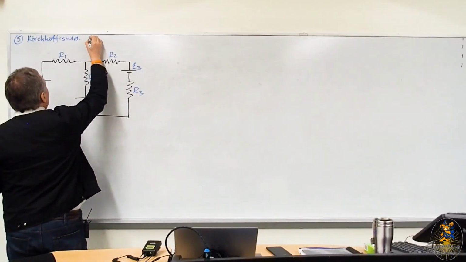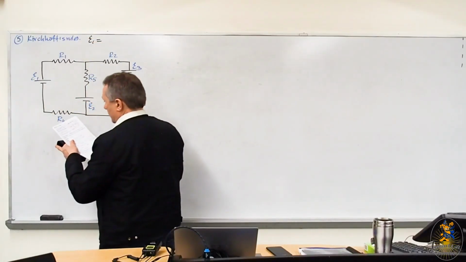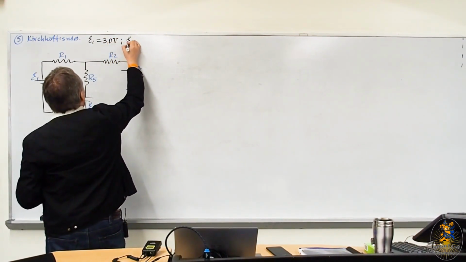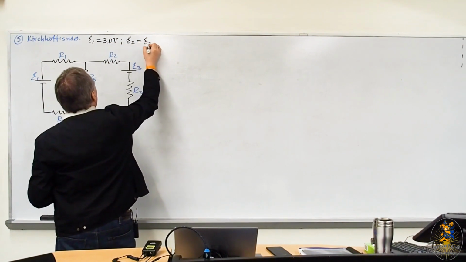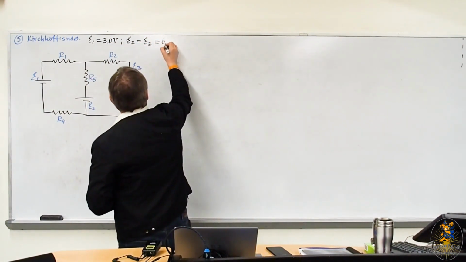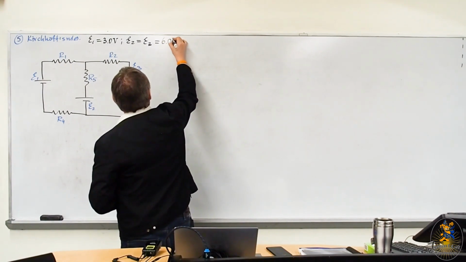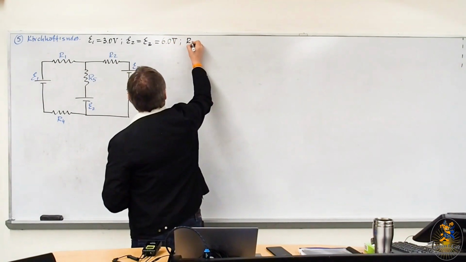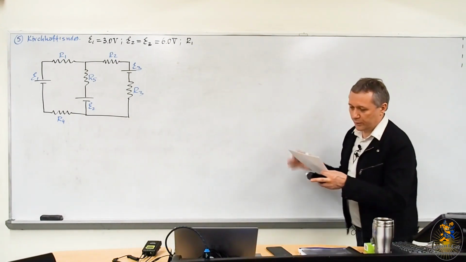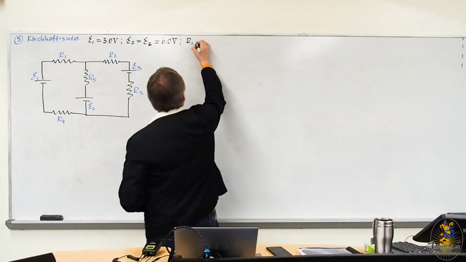So EMF 1 equals 3 volts. EMF 2 and 3 the same, equals 6. Then R1. Oh, this R1, 2, 3, and 4, they're all the same. Nice.